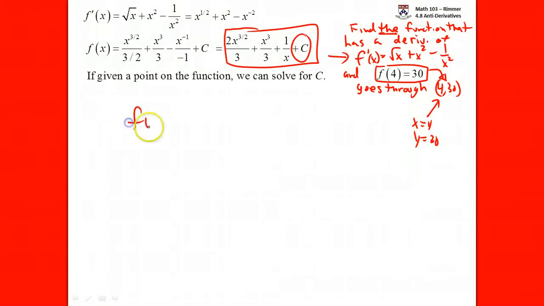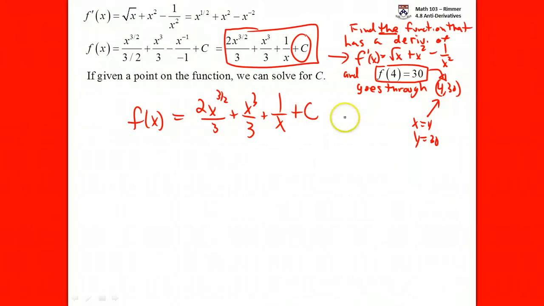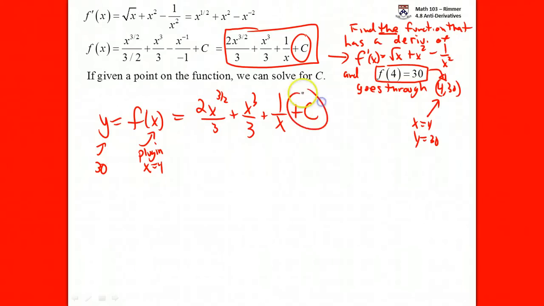Okay, so we're looking at f of x being equal to 2x to the 3/2 over 3, plus x to the 3 over 3, minus 1 over x, plus C. That's the f of x. But if you want to call it y, you can. When I plug in x equals 4, you should get out y equals 30. The only mystery then will be what the C is.